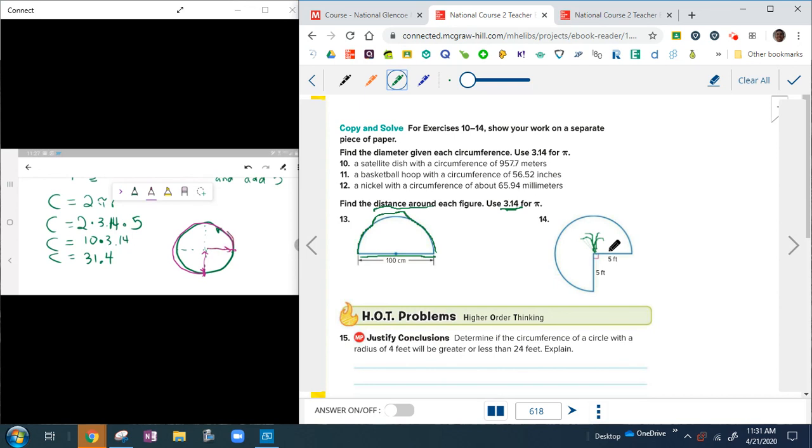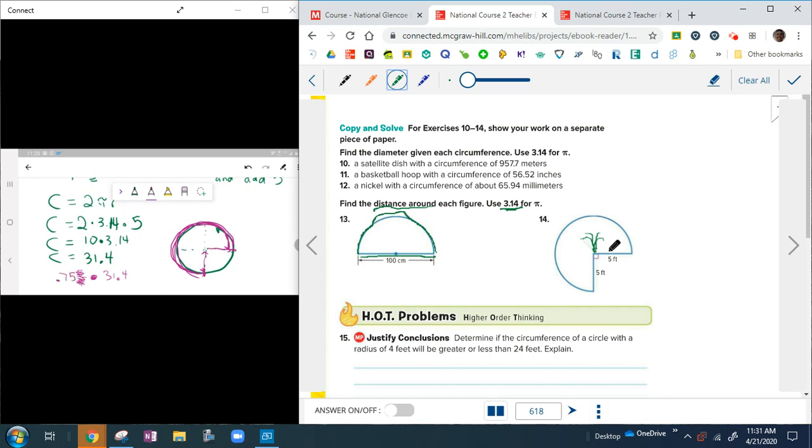So we just want this measurement here, the 3/4 of that circle. So what we have to do is 3/4 of means multiply 31.4.